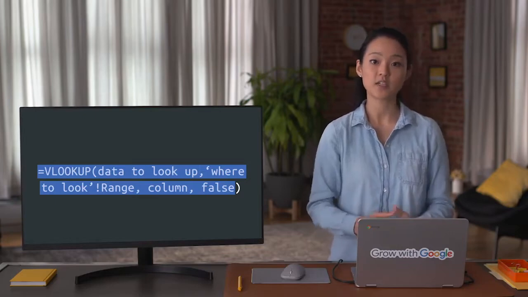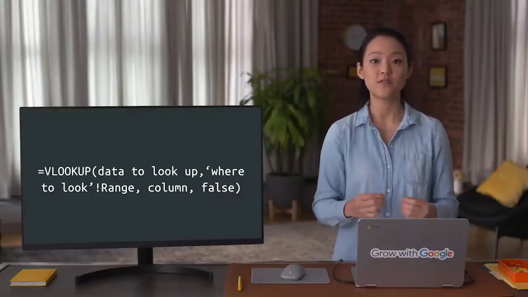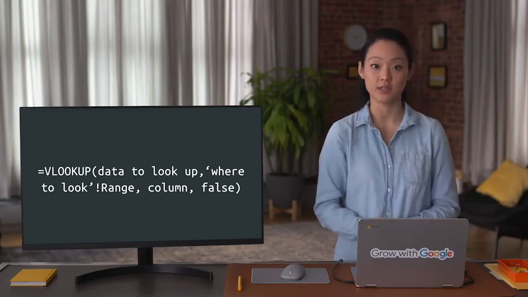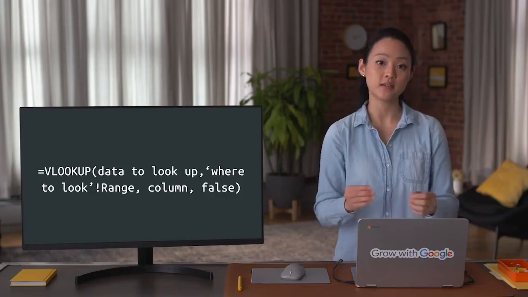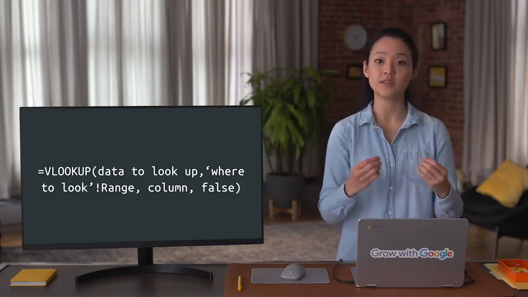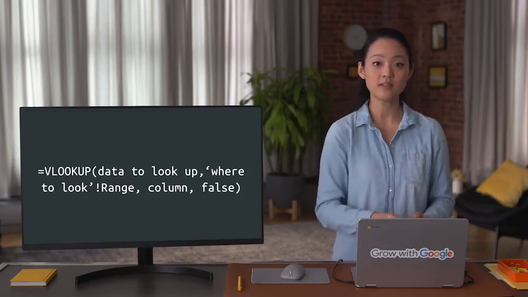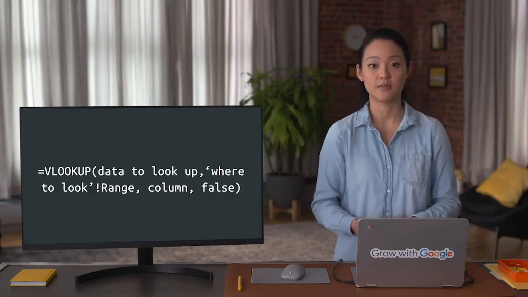Finally, complete your function by closing the parentheses. To put it simply, VLOOKUP searches for the value in the first argument in the leftmost column of the specified location. Then, the value of the third argument tells VLOOKUP to return the value in the same row from the specified column. The false tells VLOOKUP that we want an exact match.